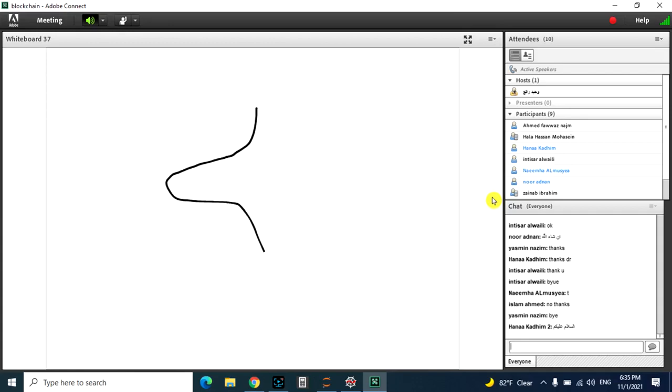In this example, this line cuts the curve in just 2 points, and if I draw a line like this, just in 1.